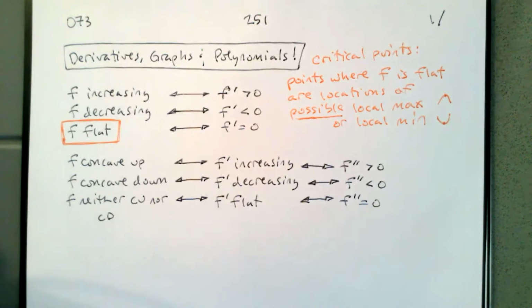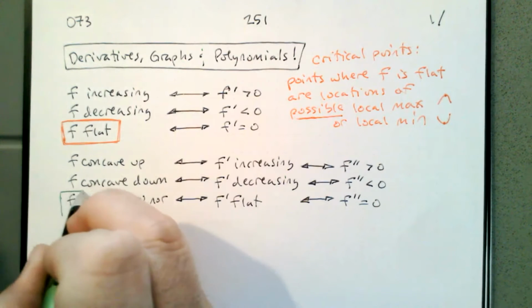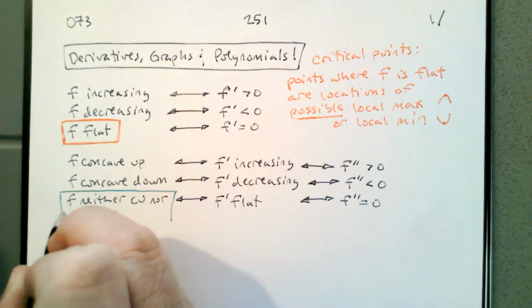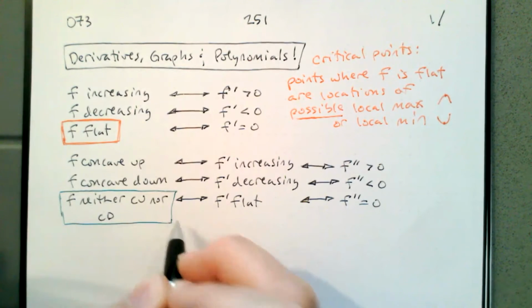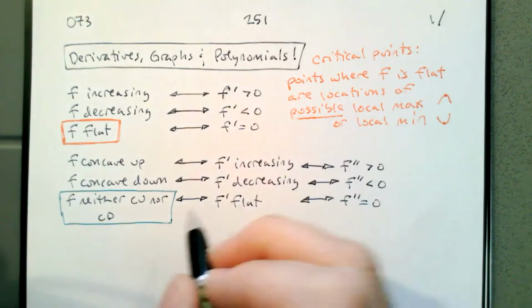Other points that we're going to be interested in are points where f is neither concave up nor concave down. So if the function is neither concave up nor concave down at a point, it's a location of a possible inflection point.